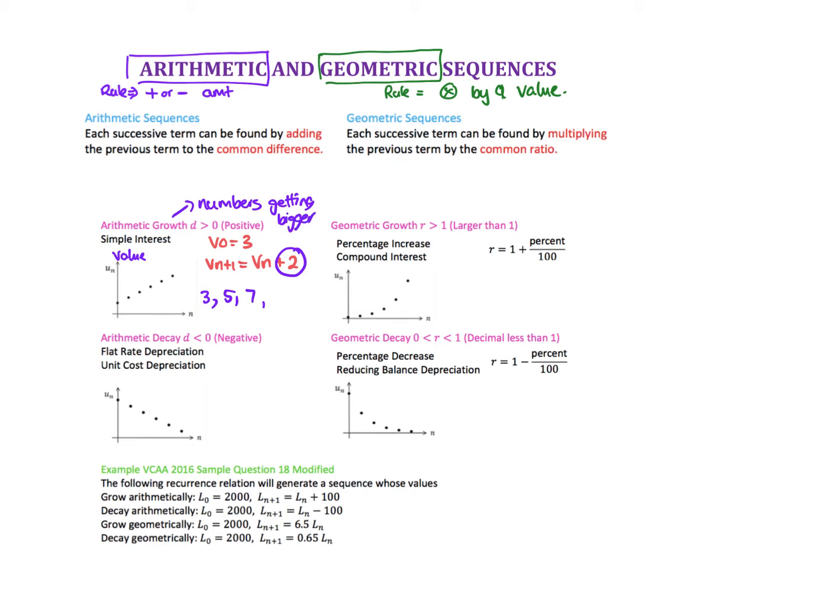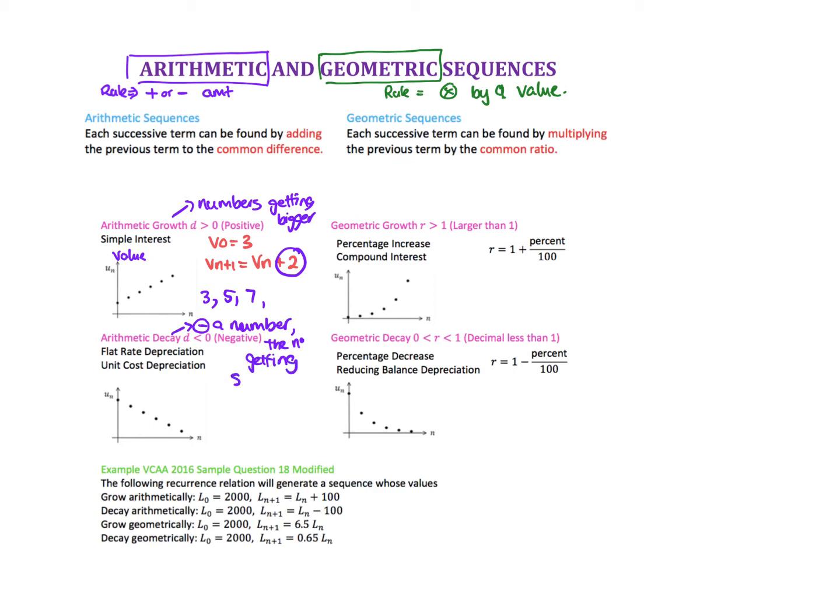Now, this is an arithmetic sequence. If we subtract the same number, it's still an arithmetic sequence, but it's getting smaller, isn't it? When we take away, that's called decay. So minusing a number is decay, and the numbers are getting smaller.